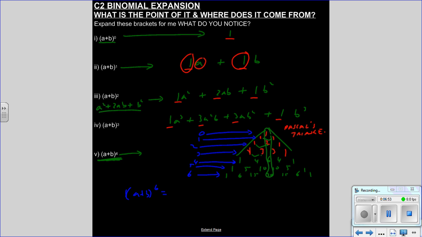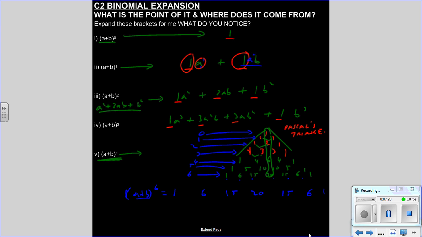We can see a rough pattern here. We know the coefficients, so I know I'm going to have 1, 6, 15, 20, 15, 6, and 1, right? But what about the a's and b's? Can you see what's happening here? This is a to the 1 times b to the 0 here, isn't it?